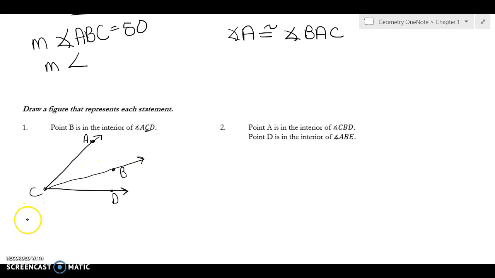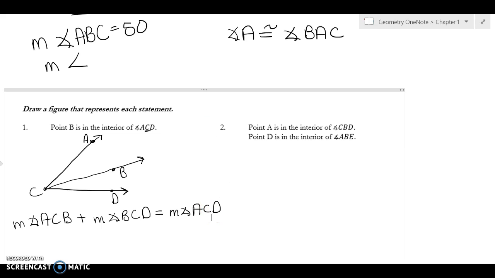And now I can do my angle addition postulate, which is the measure of angle ACB plus the measure of angle BCD equals the measure of the whole thing, ACD. I'm going to highlight this because sometimes it can be difficult to see.